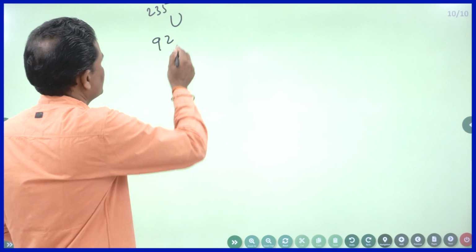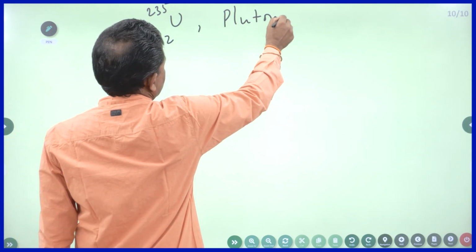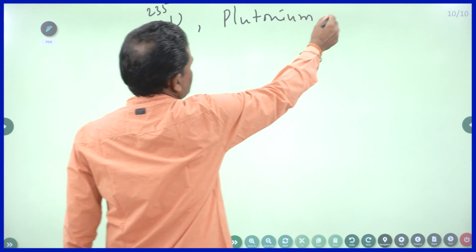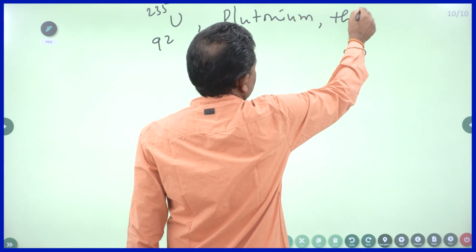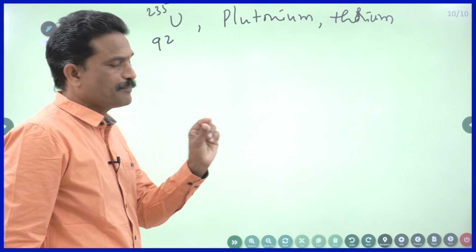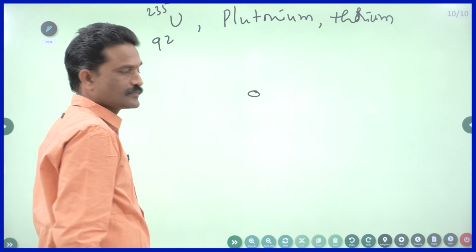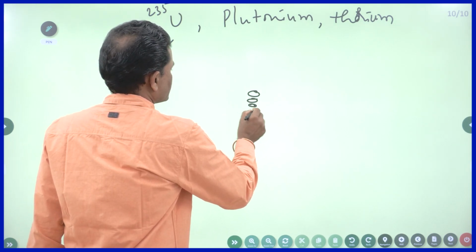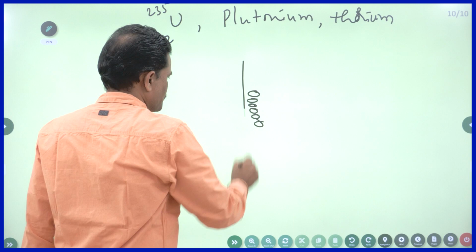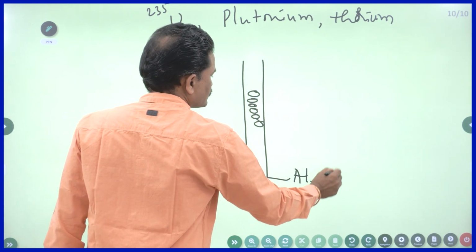So, fuel can be uranium, it can be plutonium, it can be thorium. These are taken in the form of pellets. Pellets are just like coin-shaped pieces. So, I took many pellets, and these pellets are filled in aluminum cylinders.